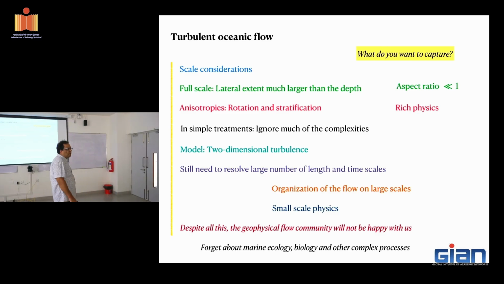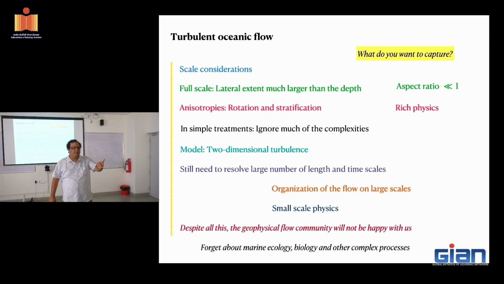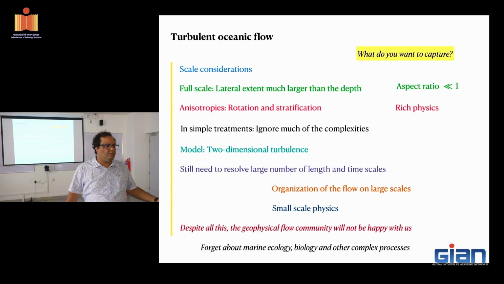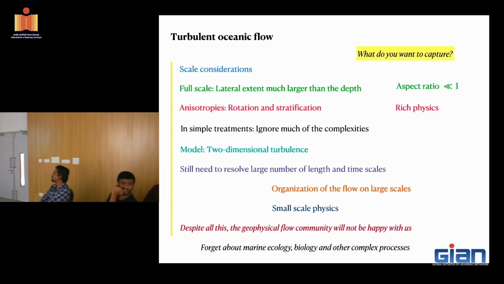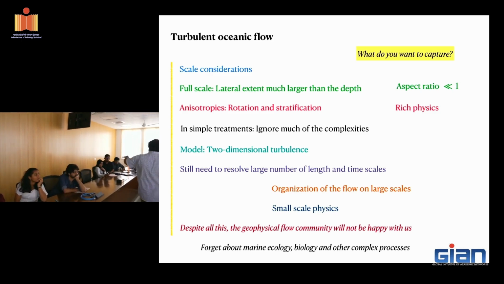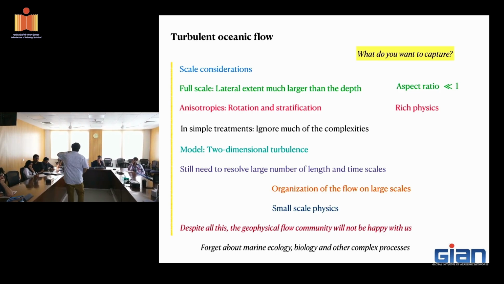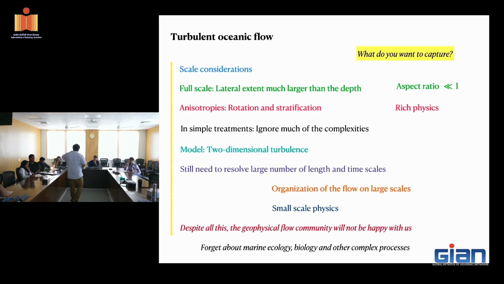The aspect ratio is much less than 1. Right? That's what you know about the oceans. So they are almost two-dimensional, quasi two-dimensional, right? Thousands of kilometers and tens of kilometers depth, right?